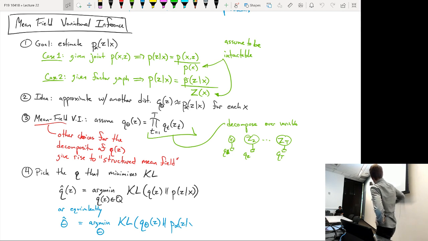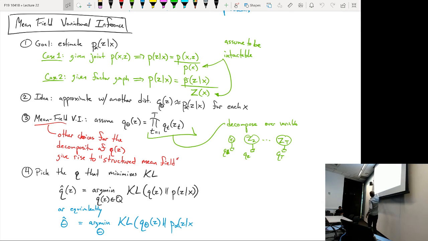And I actually prefer that we think about it this way, because then what we're saying is the structure of the graphical model for Q is fixed. And all we're doing is trying to figure out what the parameters of the graphical model are that will give us back minimum KL divergence.